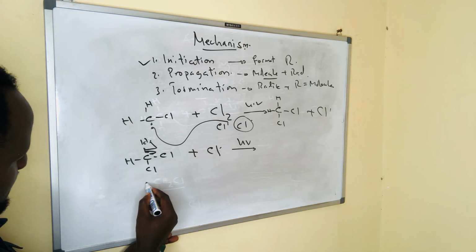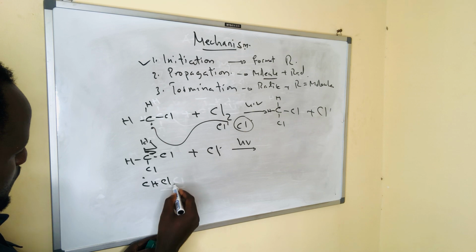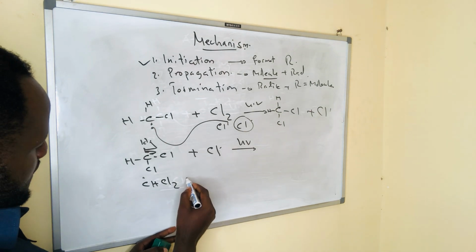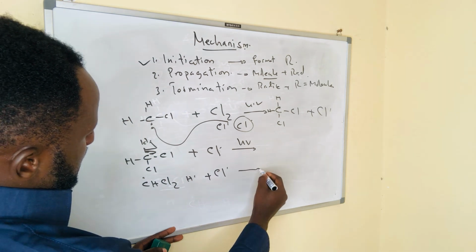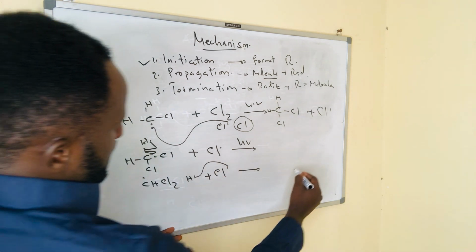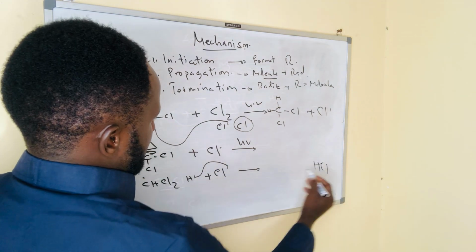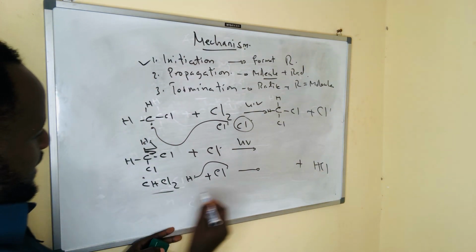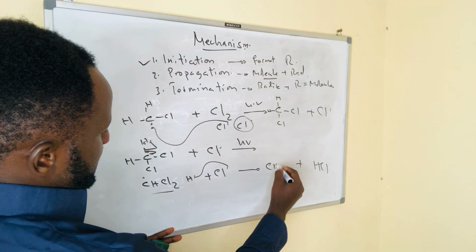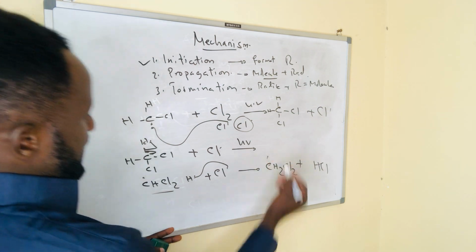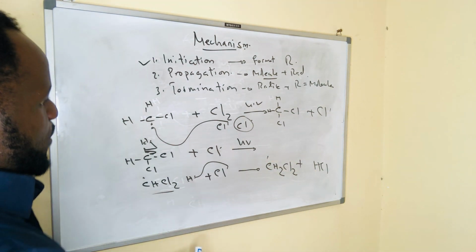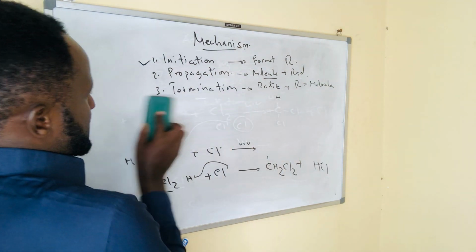So you will have CH radical, 2 chlorine, then hydrogen radical plus chlorine radical. This one will join to form HCl plus, here it is, CH2 chlorine radical. You see?